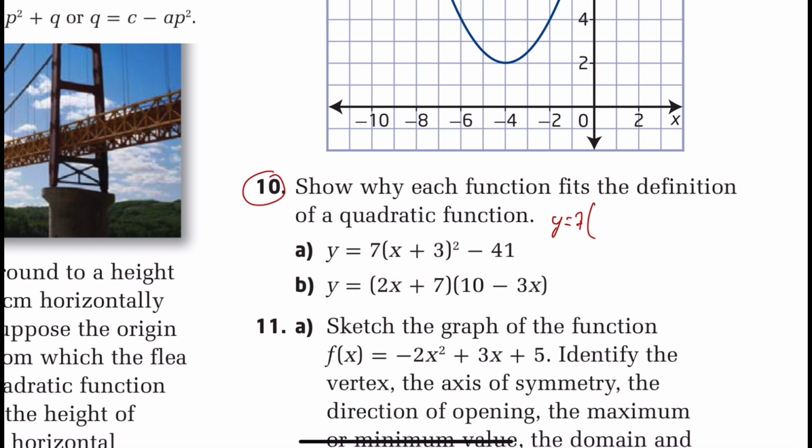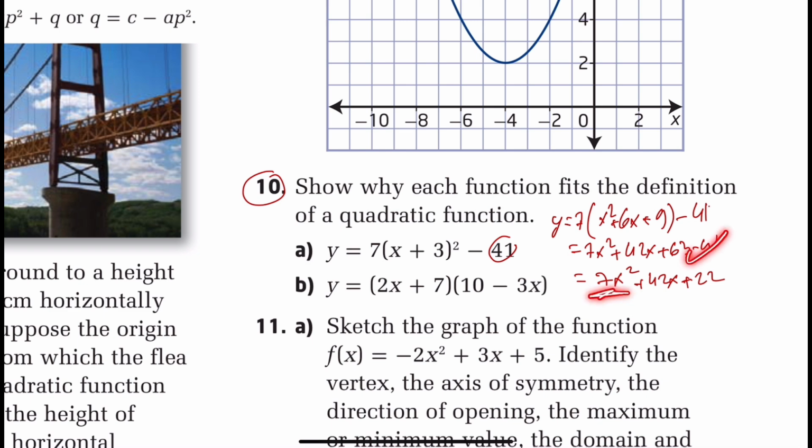So x squared plus 6x plus 9, minus 4, which is equal to 7x squared plus 42x plus 63 minus 4, which is equal to 7x squared plus 42x plus 59. So it has maximum power 2, then it is a parabolic form.